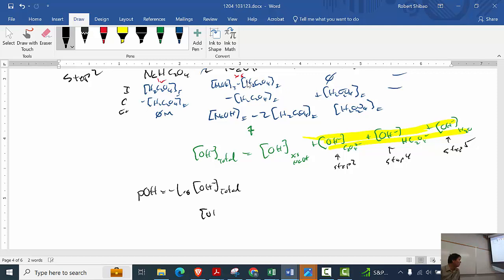And so what we'll get here is the total hydroxide is going to equal 10 to the minus pOH molar. And so this is going to be 10 to the minus 10.00 molar, which is going to be 1.0 times 10 to the minus 10 molar.